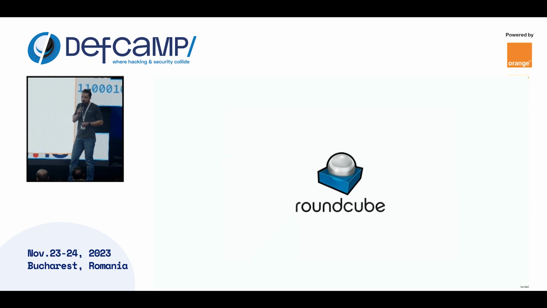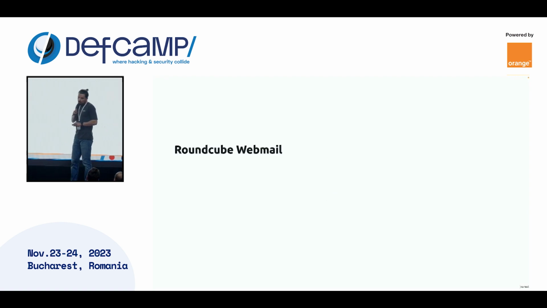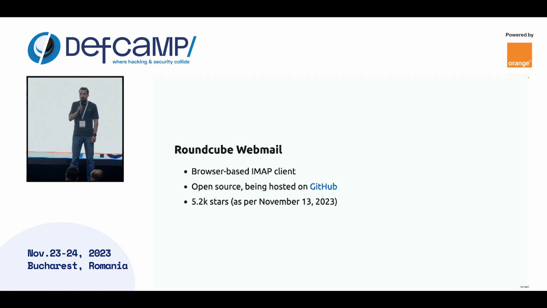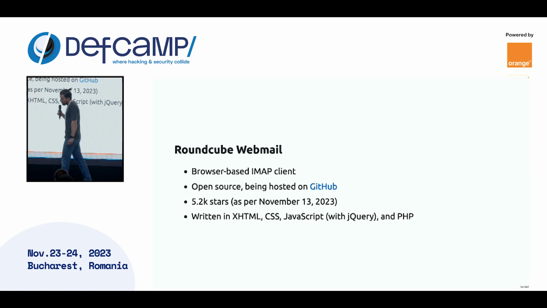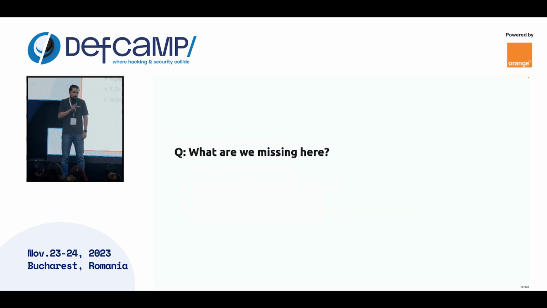I want to start this presentation with an example for Roundcube, which is an open source browser-based IMAP client. It's currently hosted on GitHub, and it has a lot of stars, so it is proof that this software is used a lot in practice. It's written in a lot of web technologies, and PHP is the most important for us here.